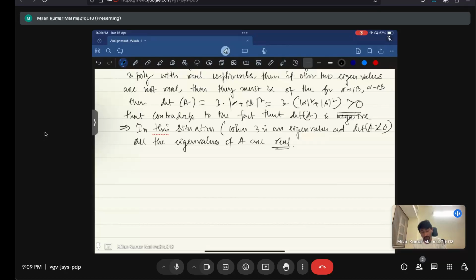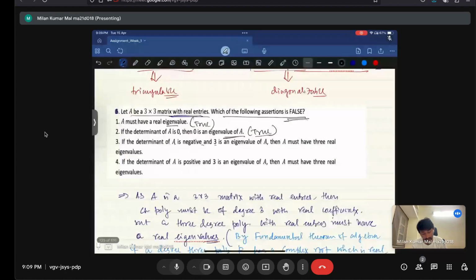But let's see why this is false. If the determinant of A is positive and 3 is an eigenvalue of A, consider A like the last example: 3, 0, 0; 0, minus 1 plus 2i, 0; 0, 0, minus 1 minus 2i.